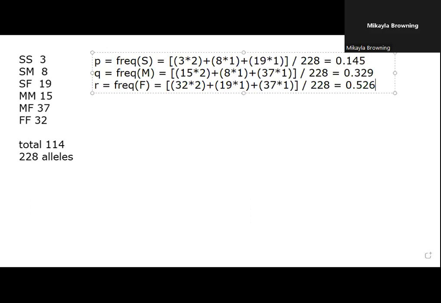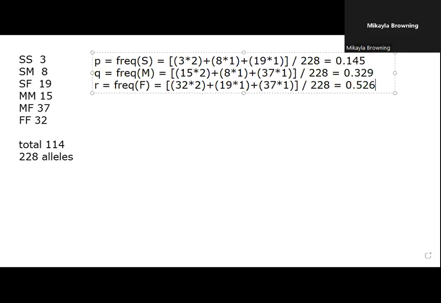I've seen people add up their numbers, get 0.99999, and conclude the population's not in Hardy-Weinberg equilibrium. No, it just means you have a little bit of round-off error. The reason we're doing this is not to test anything. It's just to make sure we punched all the calculator buttons correctly. We're just checking our arithmetic as we go. Okay, so that's the first part.